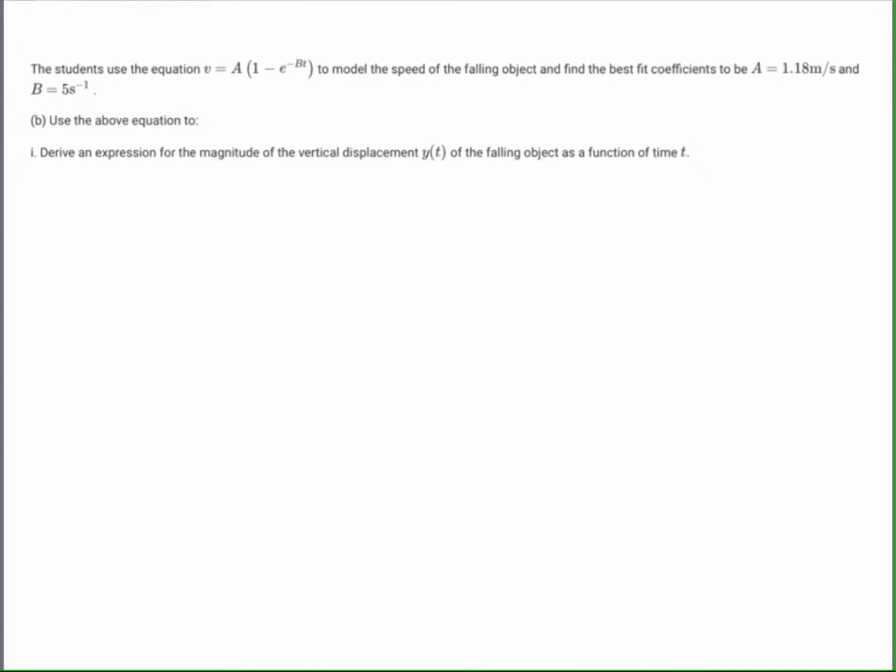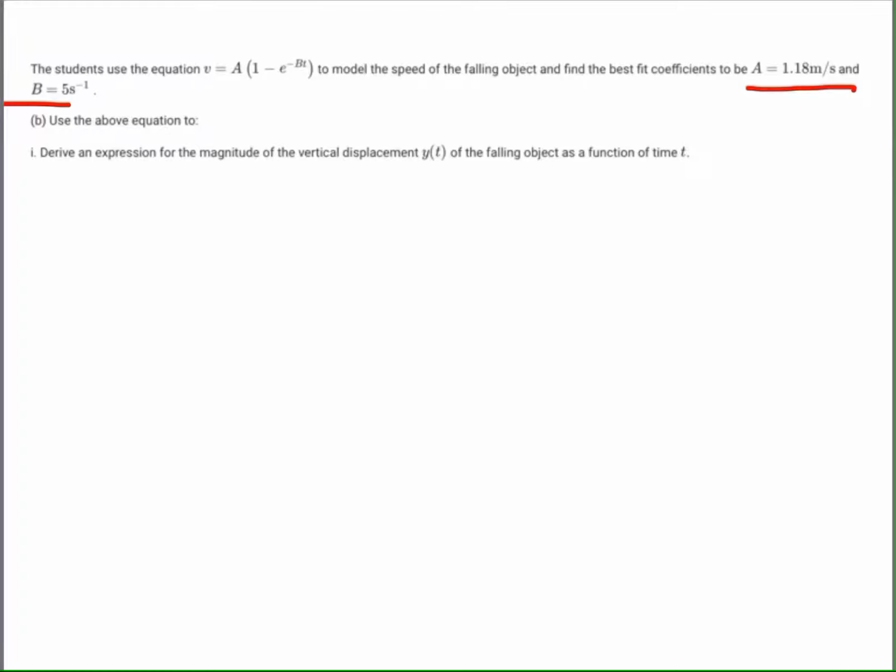Now, this is a familiar looking formula because we've done a couple of these now. Students use the equation v equals A times (1 minus e to the negative bt) to model the speed of the falling object, where they give you a value for A, and they give you a value for B. So it says, use the above equation to derive an expression for the magnitude of the vertical displacement of the falling object as a function of time.